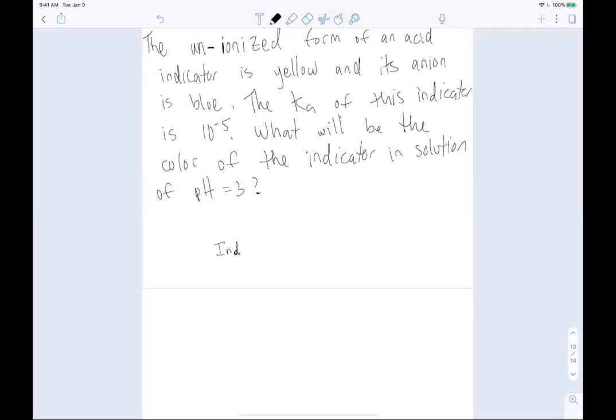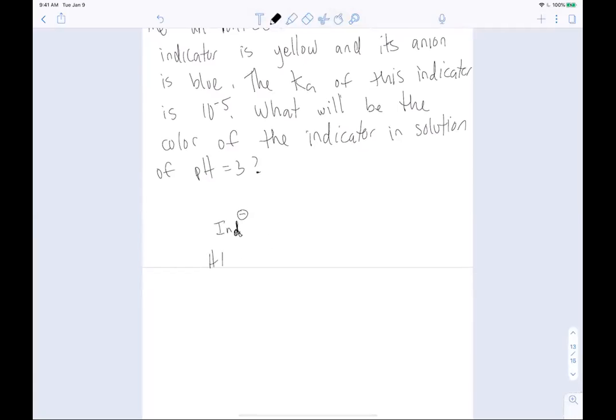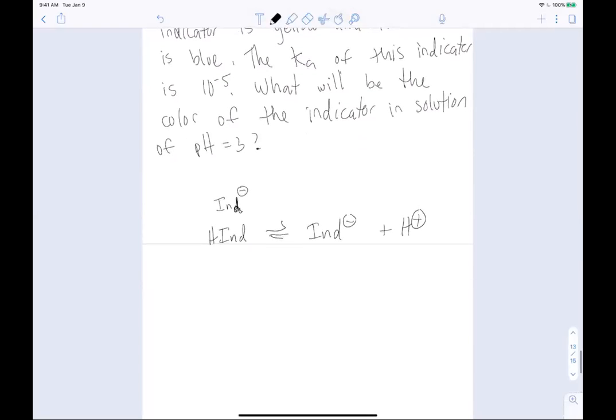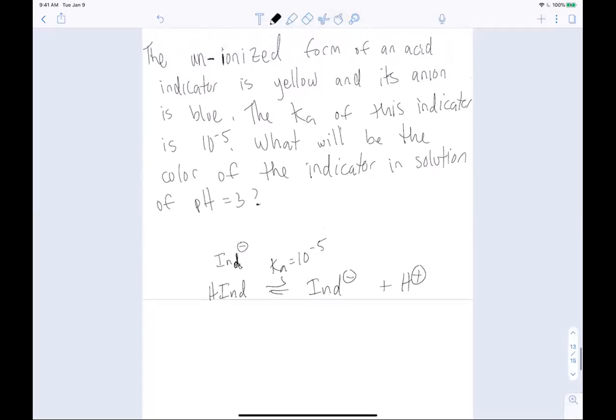We're going to call it IND, and you can think of it as being like an anion, like A minus. That's our indicator, and it has a protonated form that looks like this, and its acid dissociation looks like this. That's what they're talking about when they say the Ka is equal to 10 to the minus 5. The unionized form of the acid indicator is yellow, so this is yellow, and this is blue.